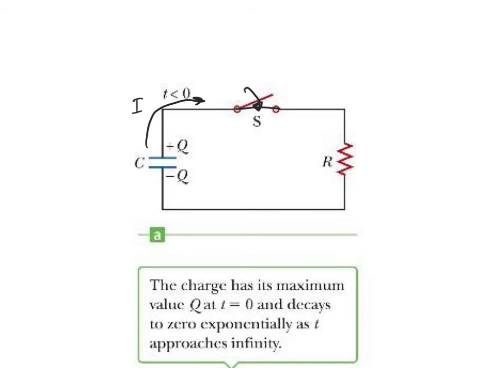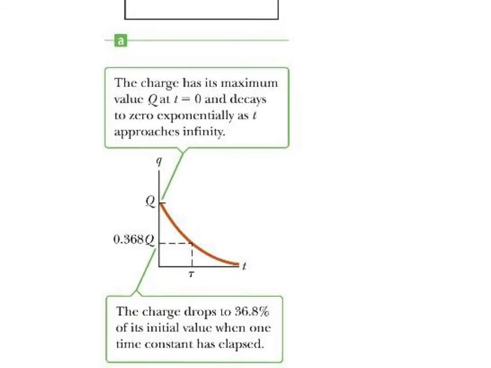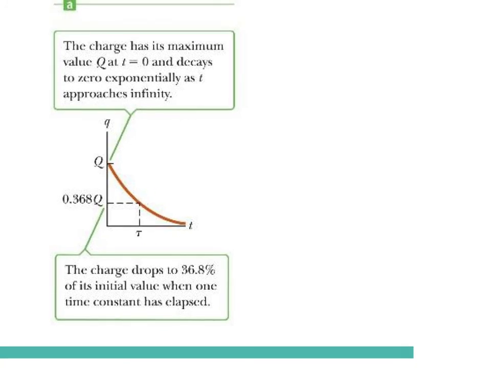The one issue is the more current flows out of the capacitor, the weaker the current. So we end up with this exponential decay. This exponential decay shows how the current is decreasing with time, not linearly, but as an exponential approach to zero.